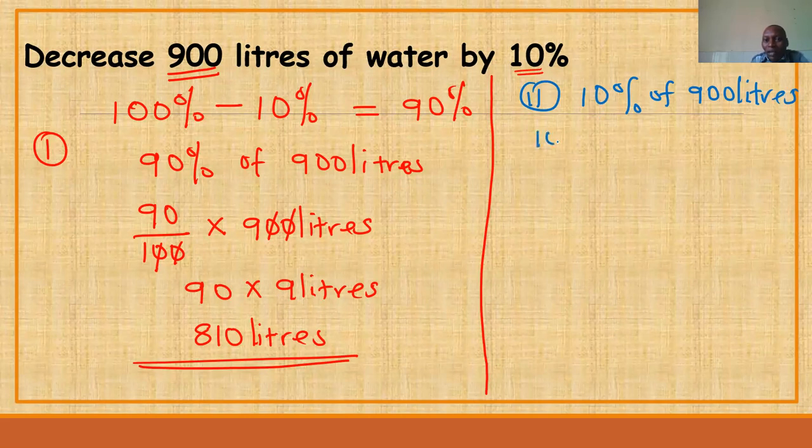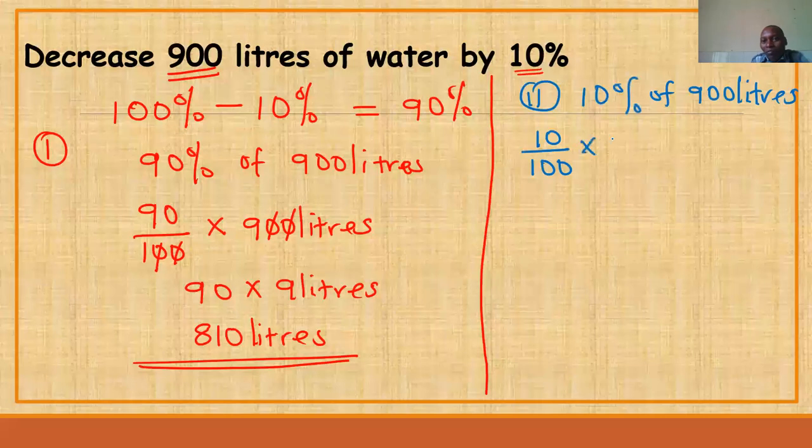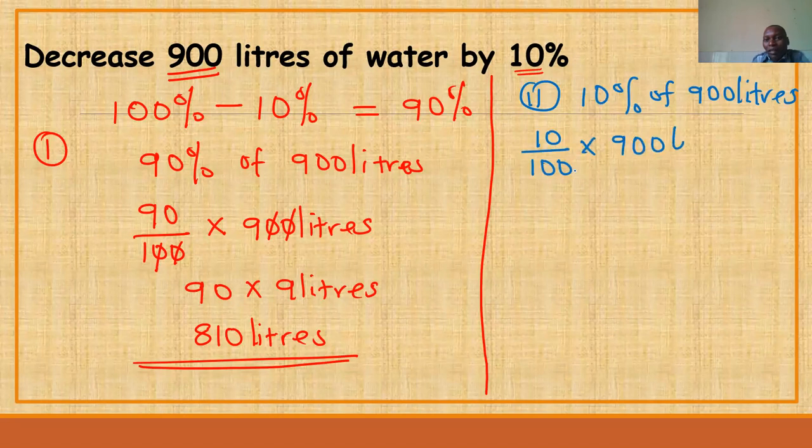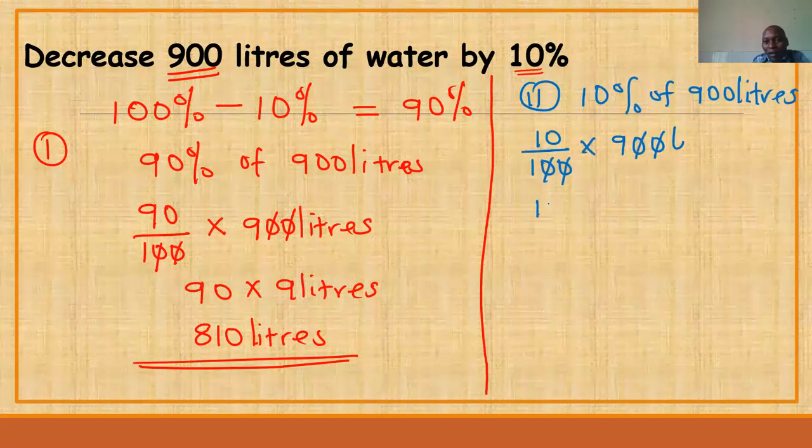So I would say 10 out of 100 times my 900 liters. I reduce this one with this one, I reduce this one with this one here, okay? So I'm left with 10 times 9 liters, which is equal to 90 liters.